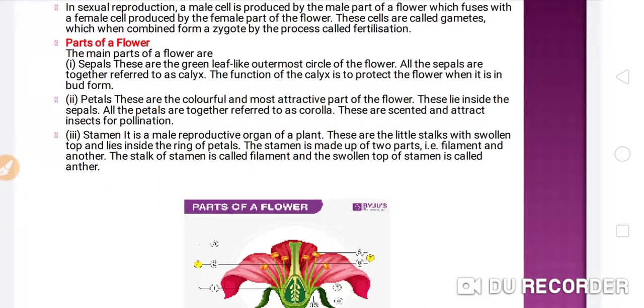All the petals are together referred to as the corolla; in case of sepals it was the calyx, but in case of petals it is the corolla. These are scented and attract insects for pollination. So this is the important function of the petals.